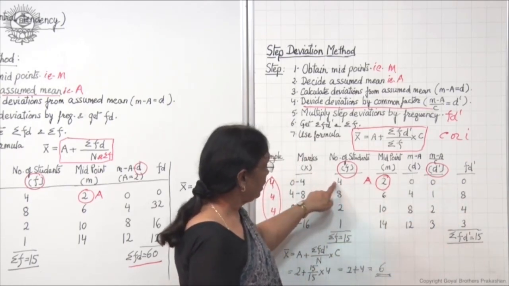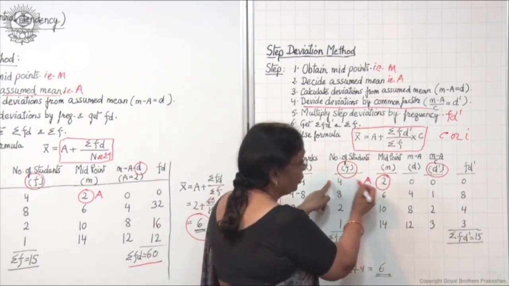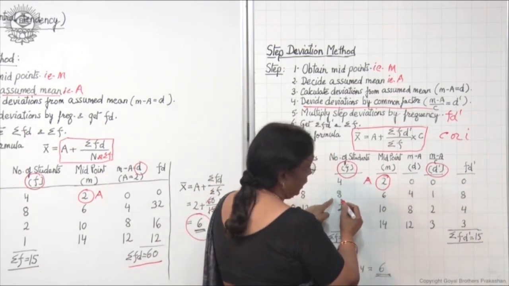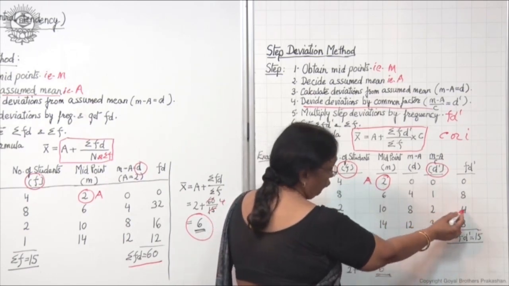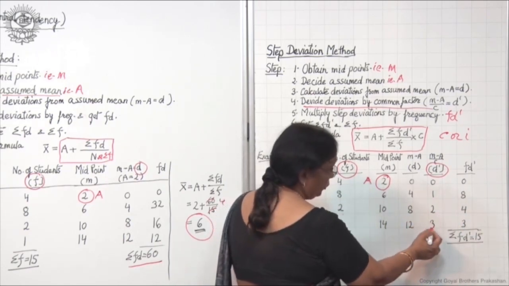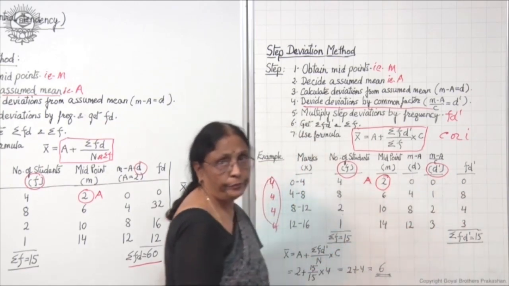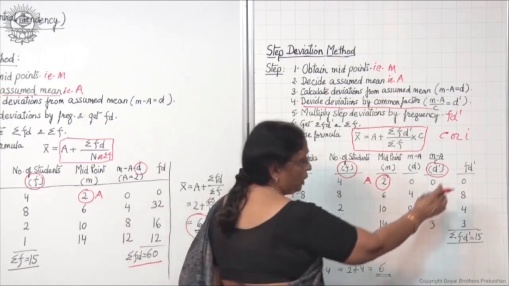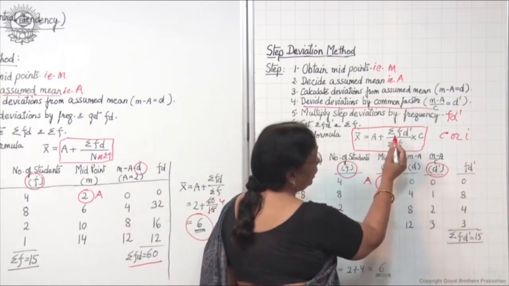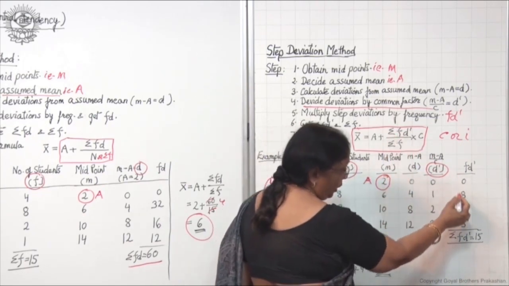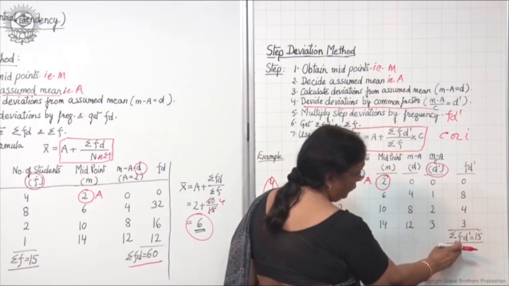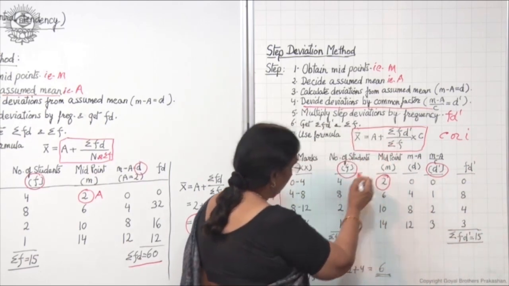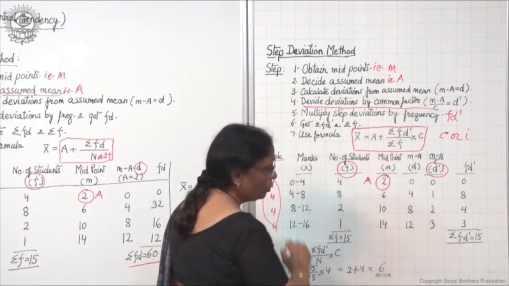So multiply first one, 4 into 0 is equal to 0, 8 into 1 is equal to 8, 2 into 2 is equal to 4, 1 into 3 is equal to 3. Right? So you get FD dash and your formula needs sigma FD dash. So you have to do the total of this column and here we are getting 15 and then do the total of frequency column, this is also 15.